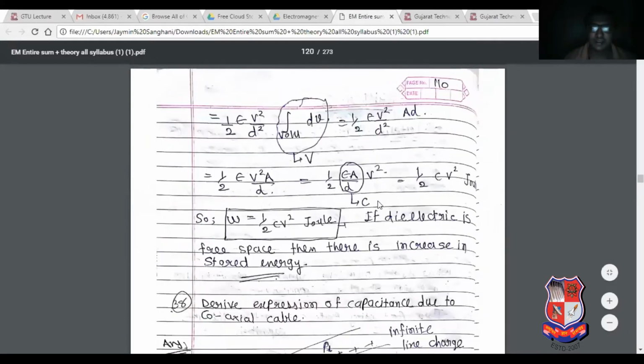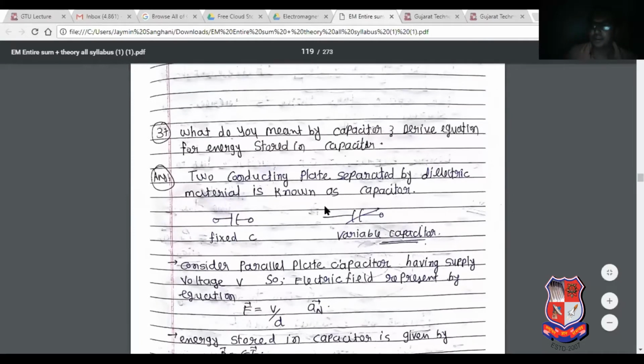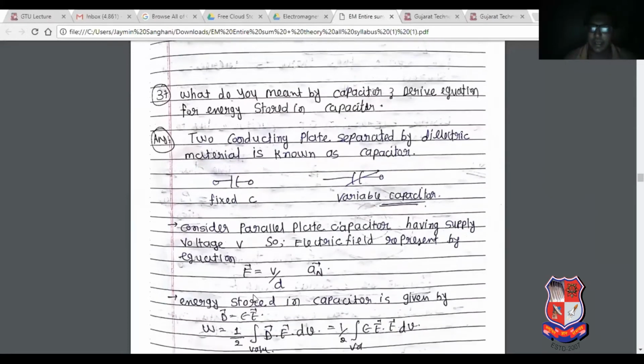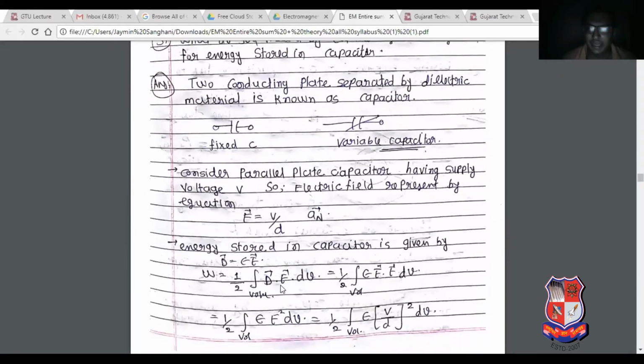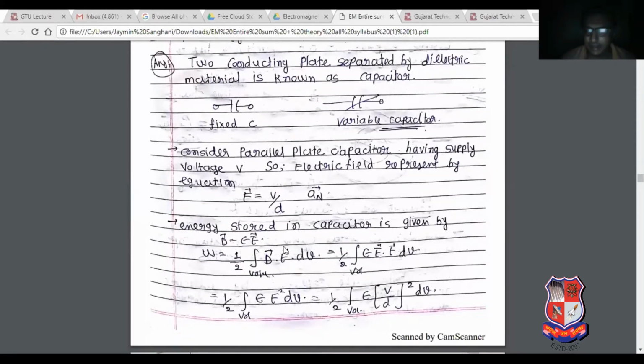Now see, this is the concept of capacitance, how the energy can be stored inside the capacitor. See, these are the two types of capacitor, fixed capacitor and variable capacitor. E equal to V divided by d and W equal to 1/2 volume integral of D into E. It is the fundamental equation.